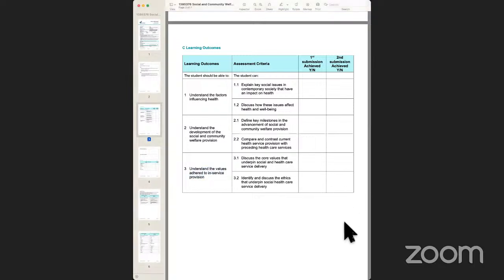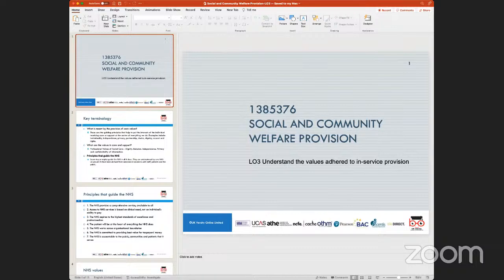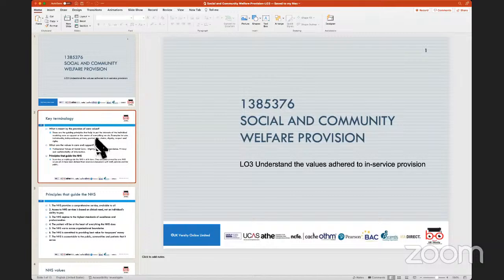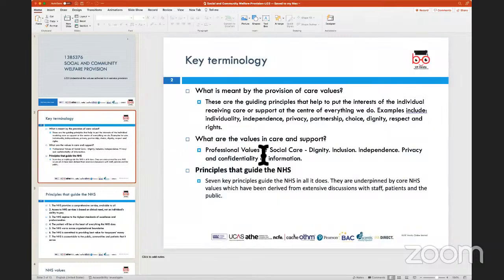Now, let's go into a bit of detail by looking at key terminology and discuss this in a bit more detail. So let me switch over to a presentation. When you look at the presentation, what we are primarily discussing is: what are the core values? Why is a provision required for these values, in terms of everyone needing to understand them before they even start working?